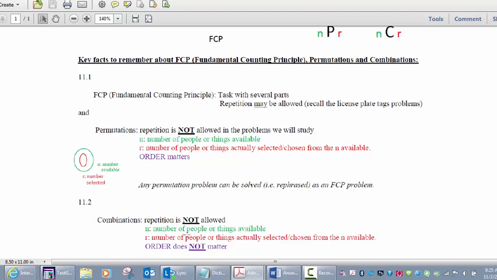Then n is the number of people or things available. r is the number of people or things that are actually chosen or selected from the n available. And in combinations, order does not matter. That is what differentiates it from permutations. In permutations, order matters, but in combinations, order does not matter.